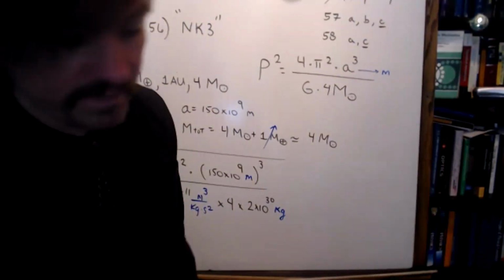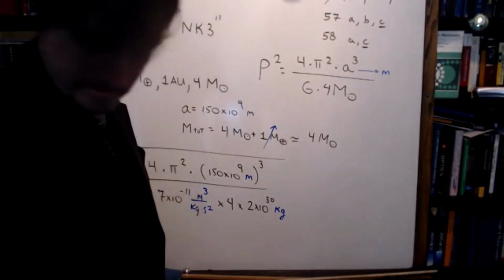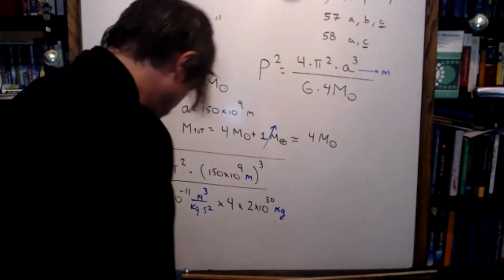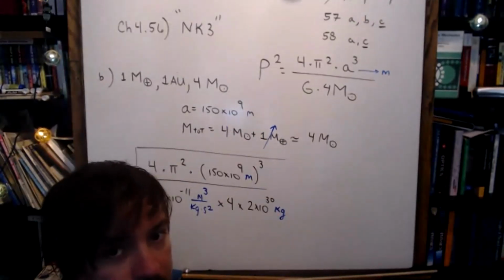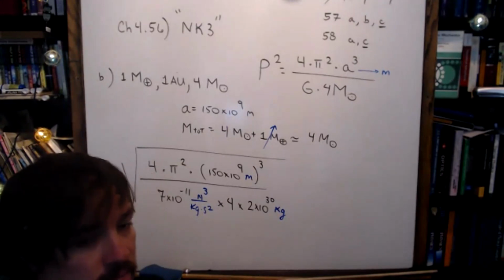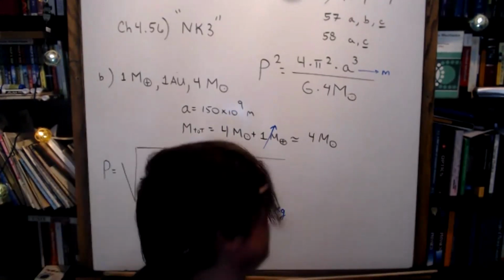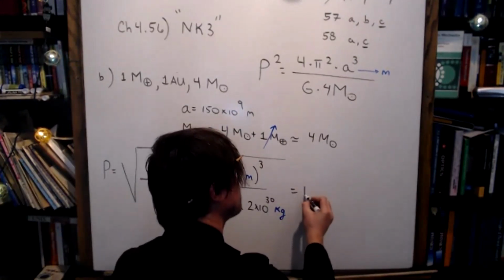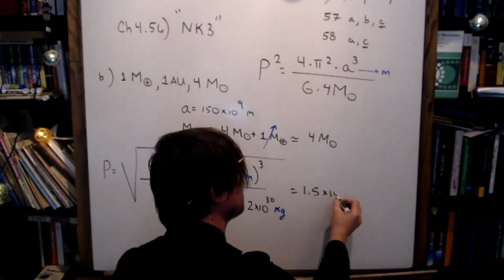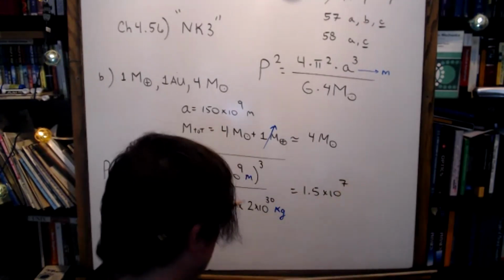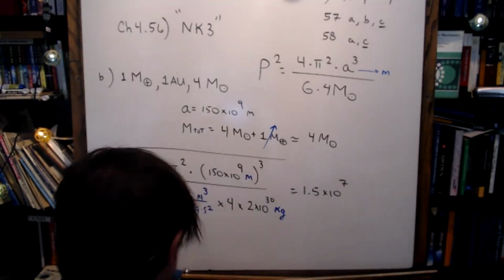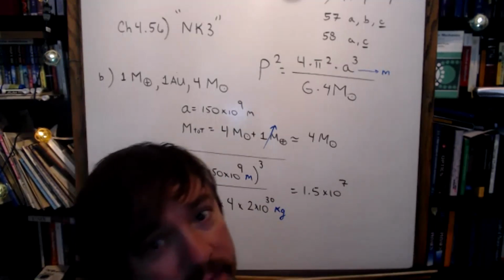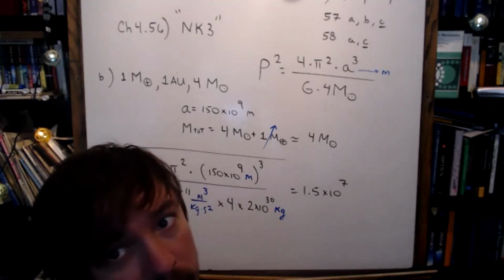All right. What should I round my answer to, class? One point times 10 to the 7th. 1 point what? 5. What are the units? Units, Rory? Seconds.